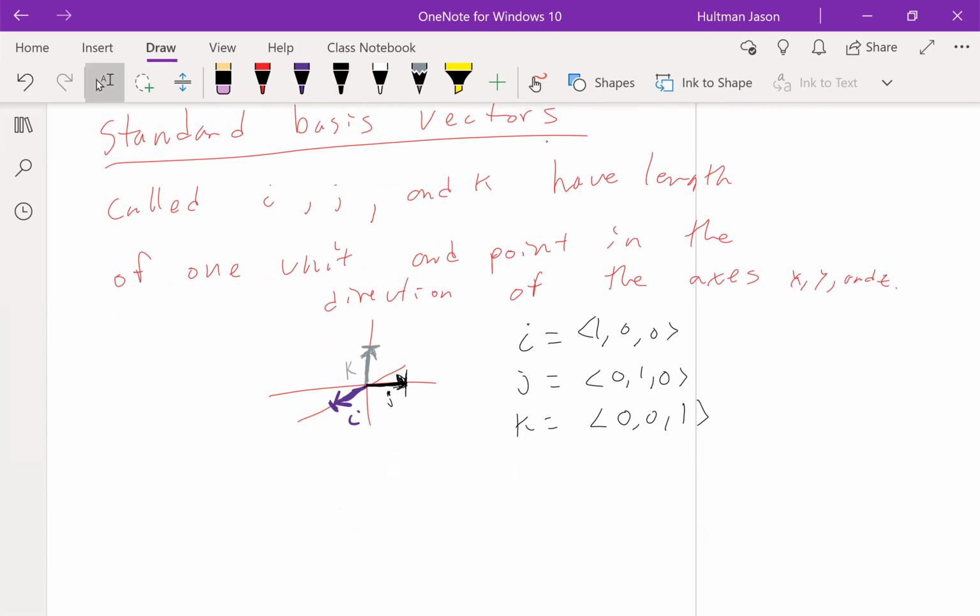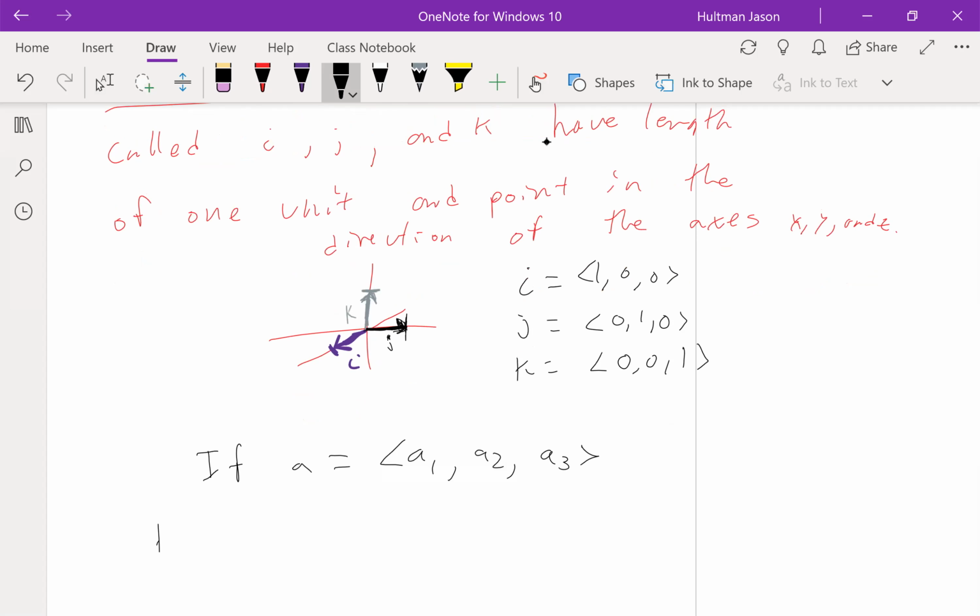So I can rewrite any vector in terms of the standard basis vectors. So if A is equal to A1, A2, A3, then A is equal to A1I plus A2J plus A3K. Now, why is that?